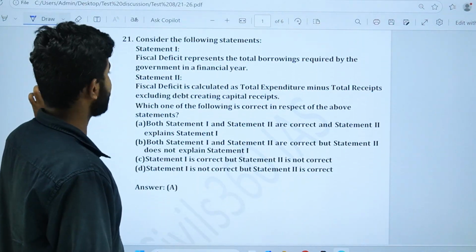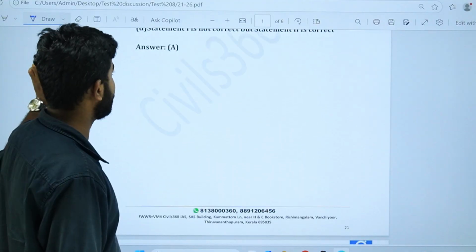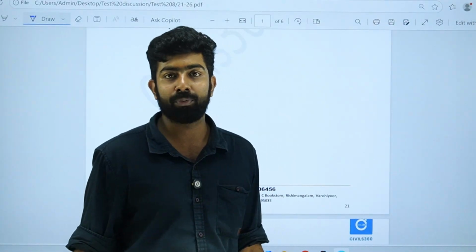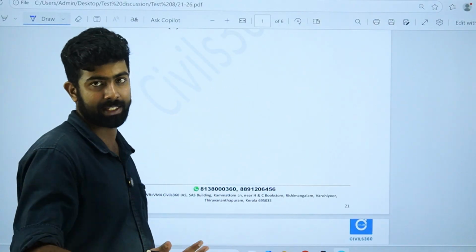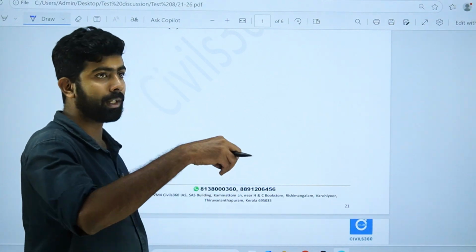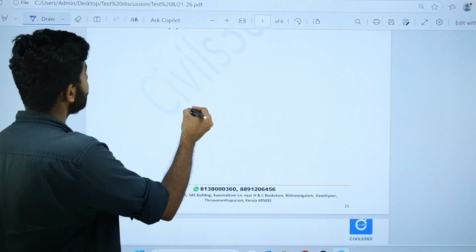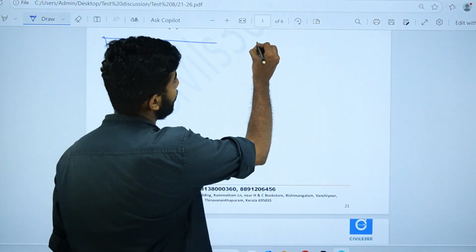So this question is actually about the fiscal deficit of a government, right? I'll just give you a brief understanding of the fiscal deficit. Imagine the central government or a state government that expends this much.